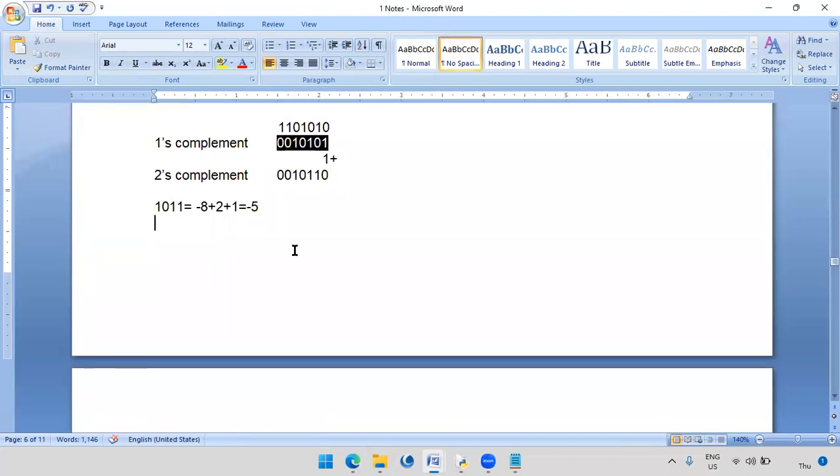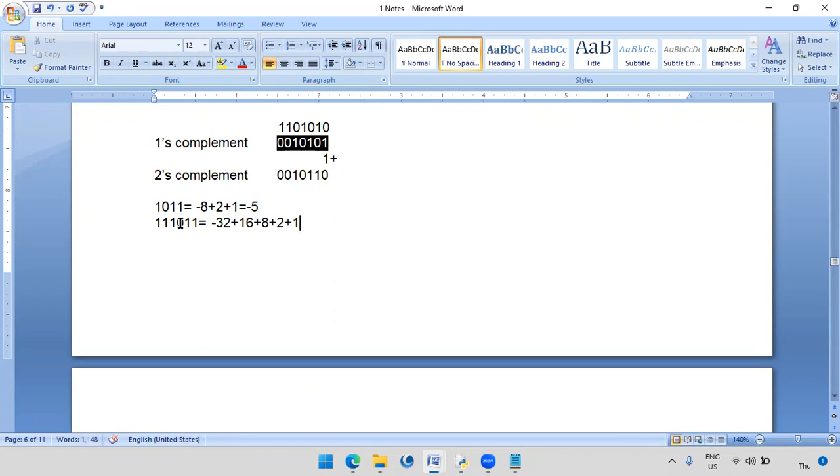111011. Convert that also and see. That's also negative. So minus how much? 1, 2, 4, 8, 16, 32. Minus 32 plus 16 plus 8 plus 2 plus 1.